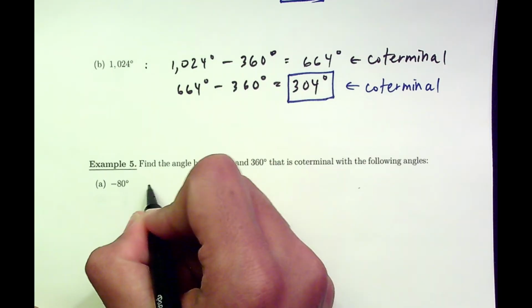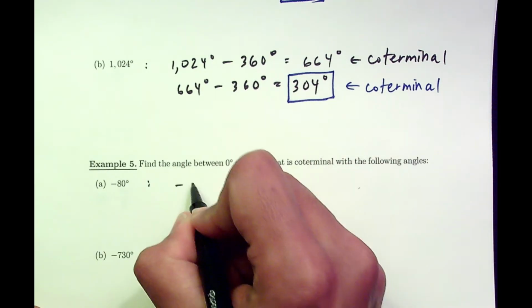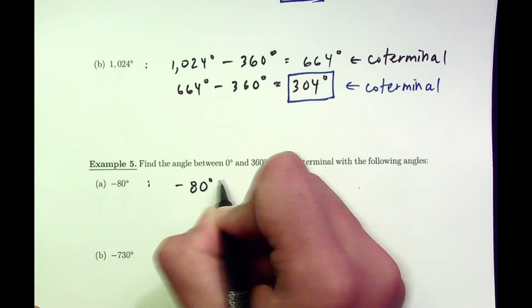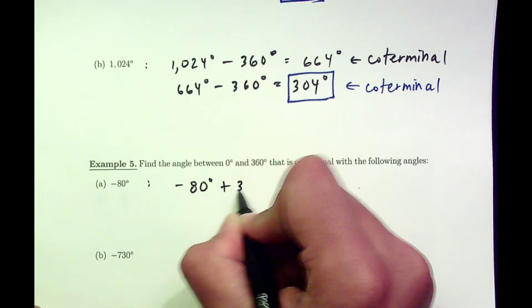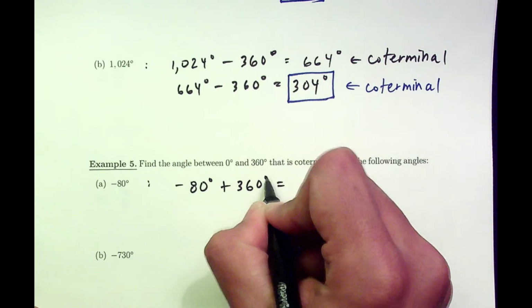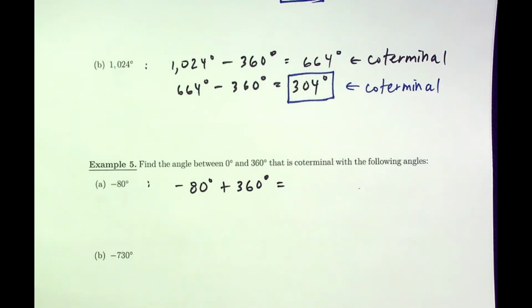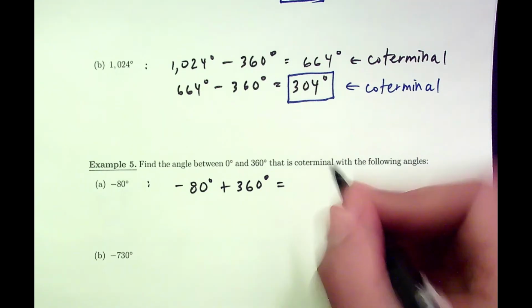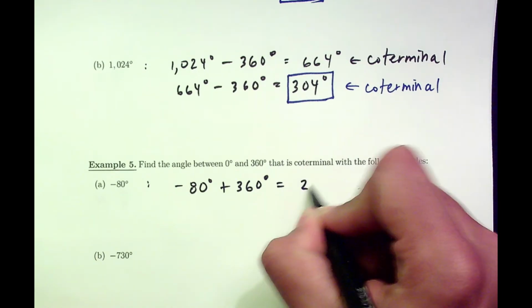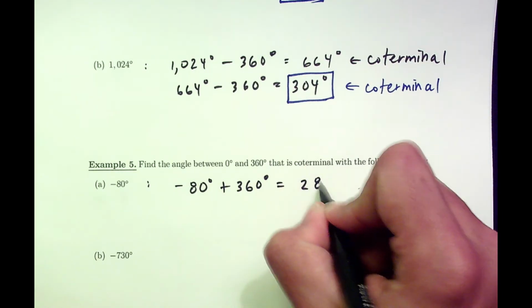So if I start with, for example, negative 80, I would add 360. And that's going to give me a coterminal angle that is between 0 and 360. So this is 280 degrees. And that's our answer for that one.